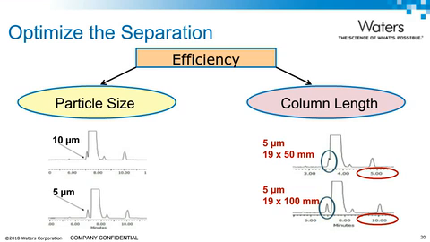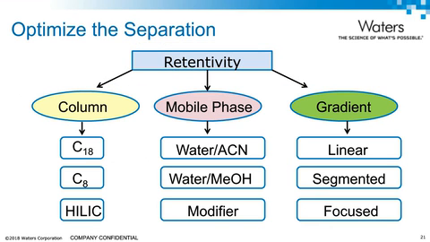Retentivity is one of the chemical attributes of the resolution equation, and things like column chemistry, mobile phase, and gradient are all impacting retentivity. We'll talk a little bit more about the types of gradients in a few minutes, so I won't spend time on those. But we all know that if we change our mobile phases from acetonitrile in water to methanol in water, or change our modifiers, we will change the retentivity of our compound on the column.